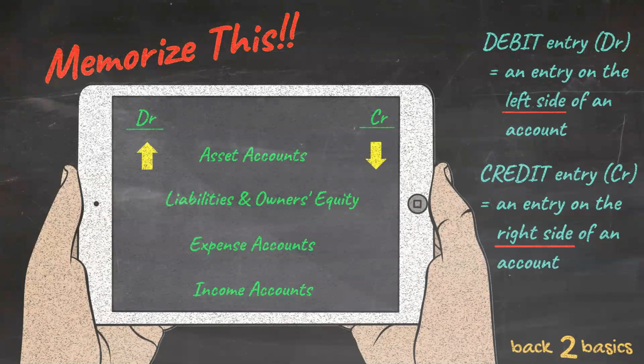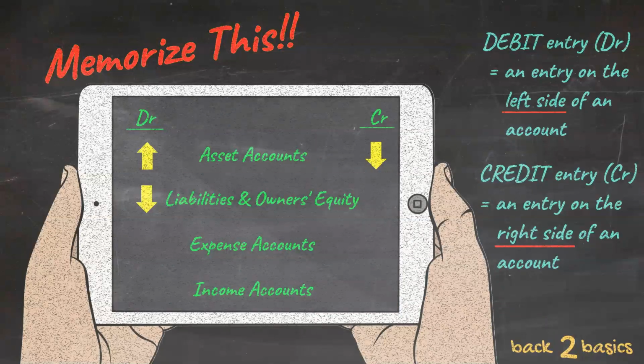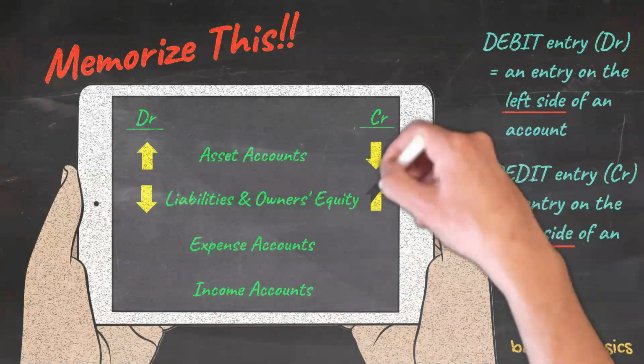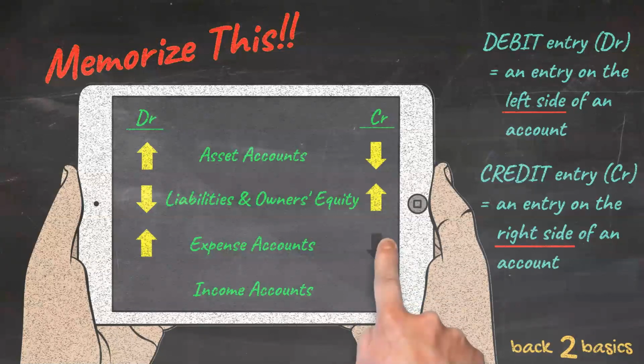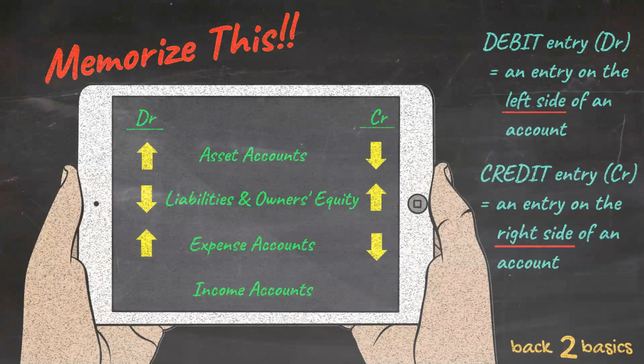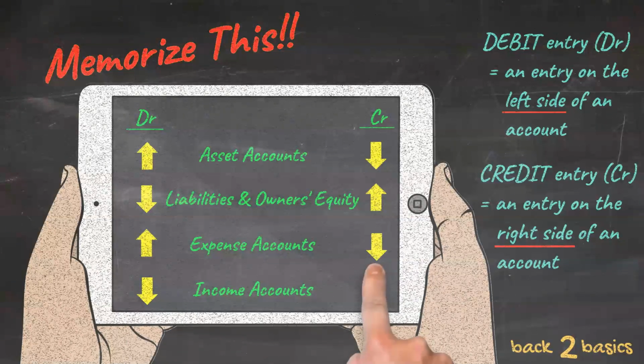Liabilities and owner equity accounts will always decrease on the debit side and increase on the credit side. Expense accounts will always increase on the debit side and decrease on the credit side. And your income accounts, well, that will always decrease on the debit side and increase on the credit side.